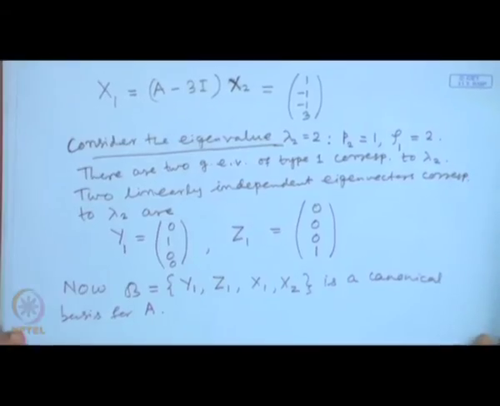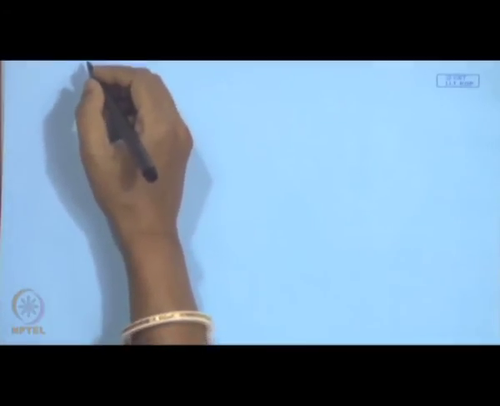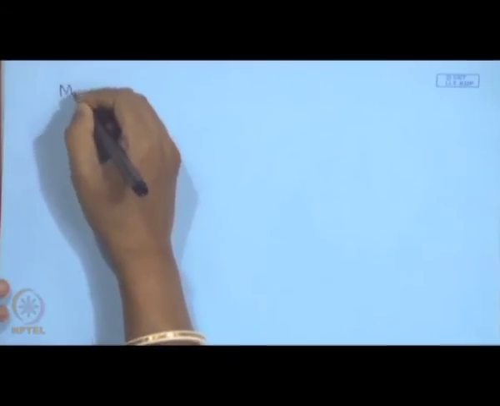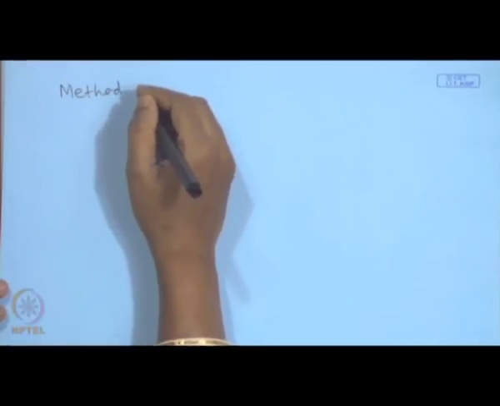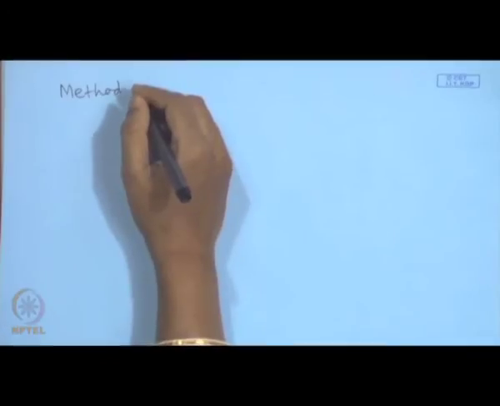So, next we find the Jordan canonical form of a square matrix. Now we are ready to find the Jordan canonical form of a square matrix.